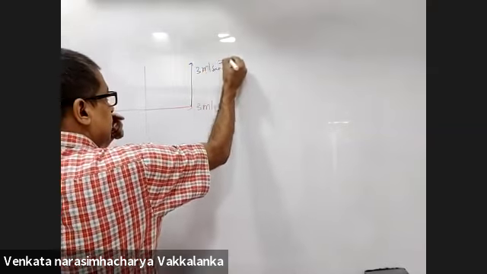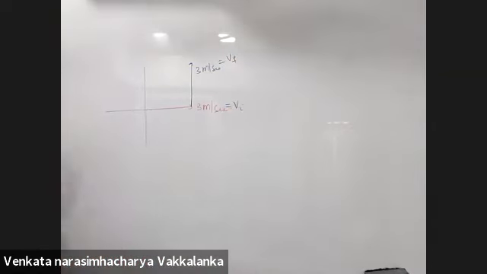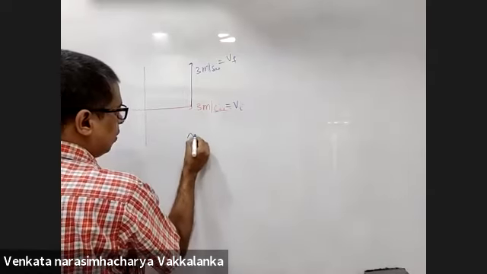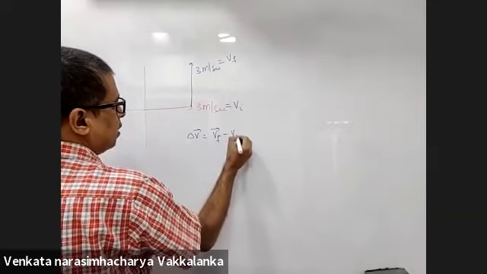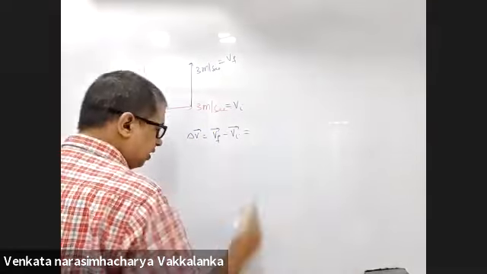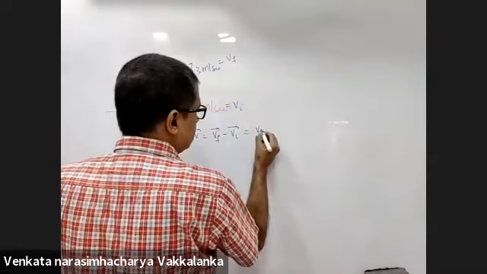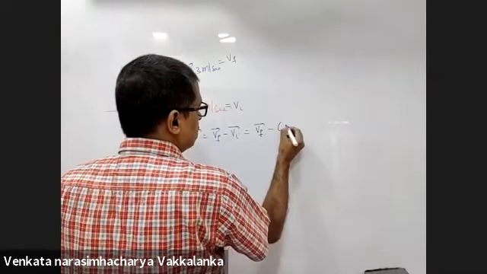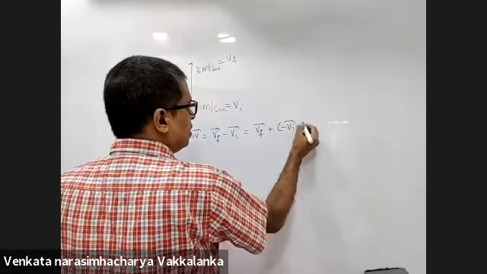This is V final, this is V initial. Now, what is the change in velocity? This will be V final minus V initial. Do you all agree with that? Yes. This is V final plus of minus V initial.